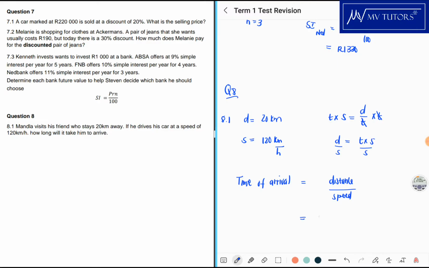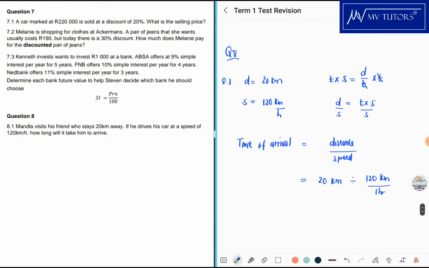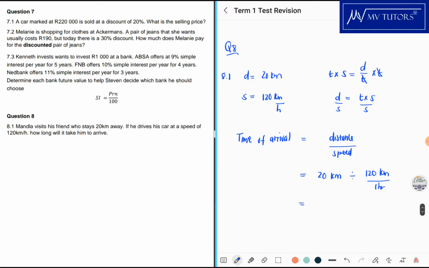So what is the distance? The distance is 20 kilometers. And what is the speed? The speed is 120 kilometers over 1 hour. Now remember, when we have fractions, what do you do? You keep the first as it is, we change the division sign to a multiplication sign, and we swap the numerator and the denominator.